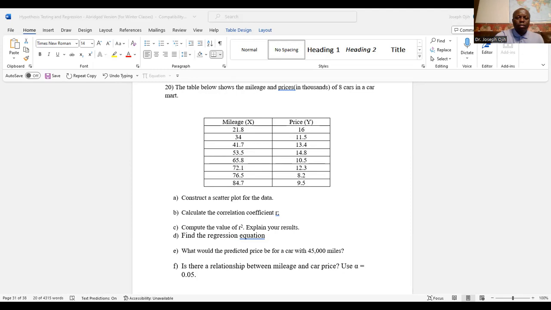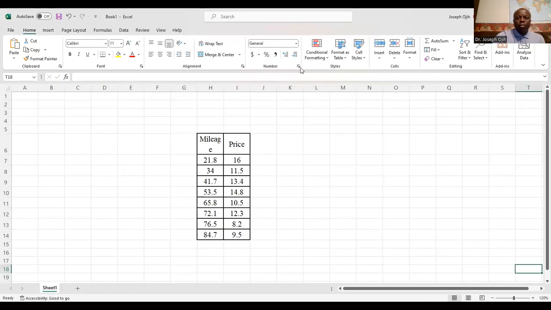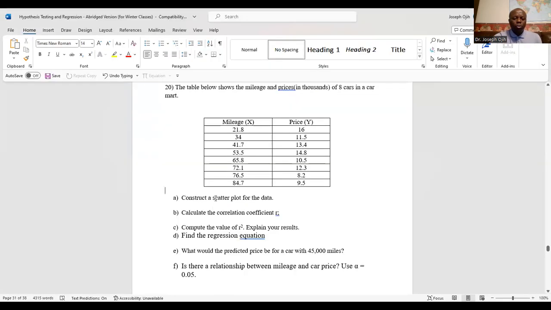Okay, let me go back to where we were. I copied it and pasted it here, so now we can go back to our workbook. It says, construct a scatter plot, calculate the correlation coefficient R, compute the R squared, which is the coefficient of determination, and explain the results.